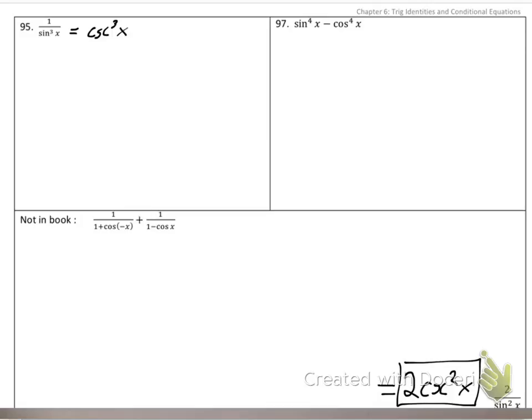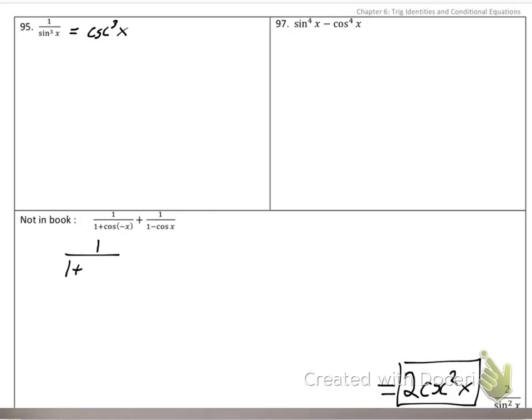Yeah. Go over how we got that? Over how we got this one? Yes. Okay, so the first thing we need to do is get rid of this negative sign here. So we just have to think, do I have to pull it out front, or does it just disappear? It disappears. Okay. So we'd have 1 over 1 plus cosine x, and I'm going to leave some space in front of it.